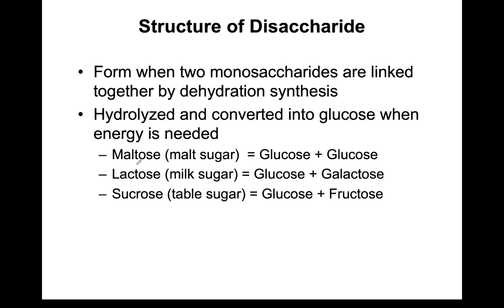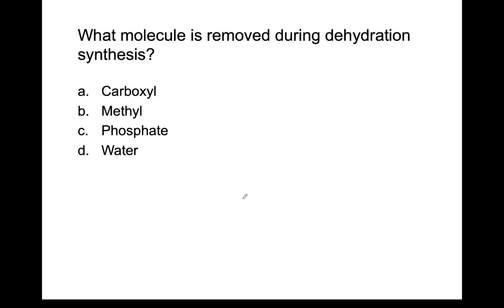These disaccharides can be broken down into monosaccharides this way when the body needs energy. At that time, what kind of chemical reaction is involved? A hydrolysis reaction is required. So let's solve this question. What molecule is removed during dehydration synthesis?